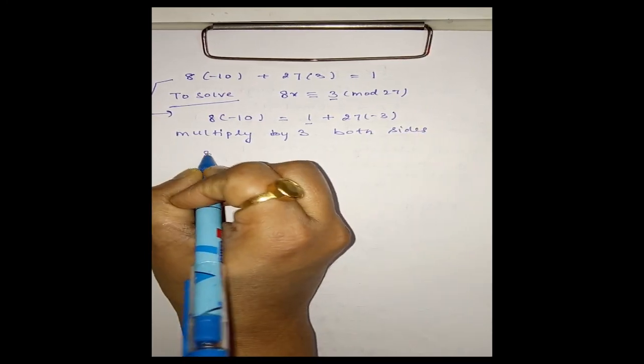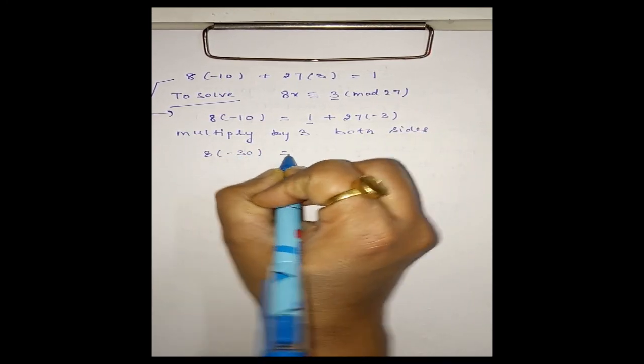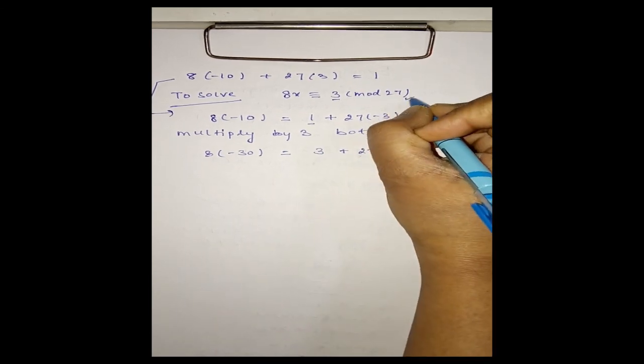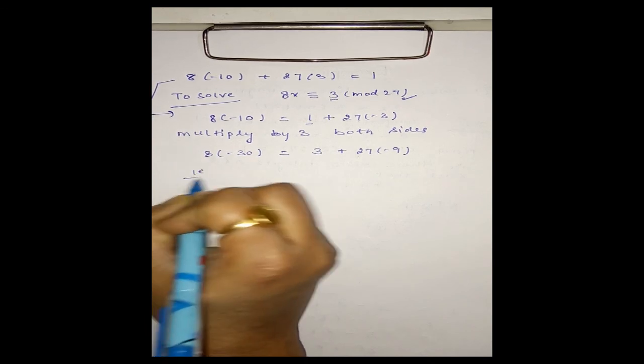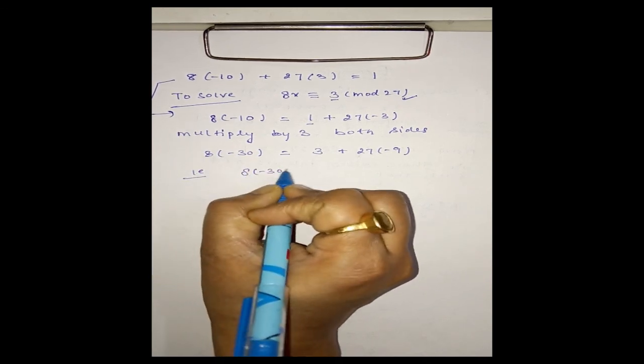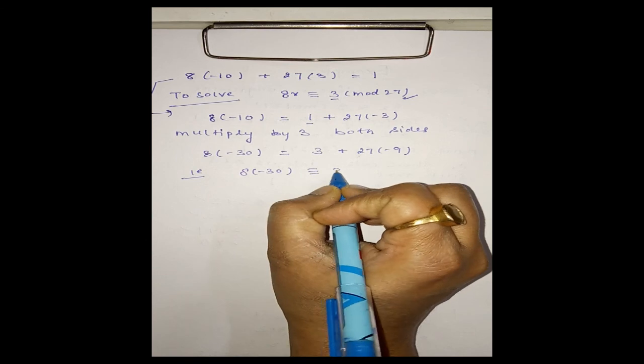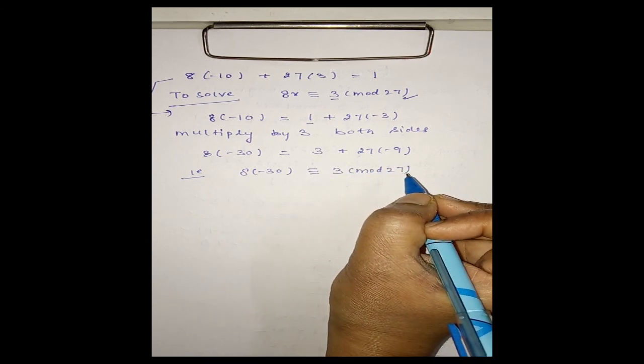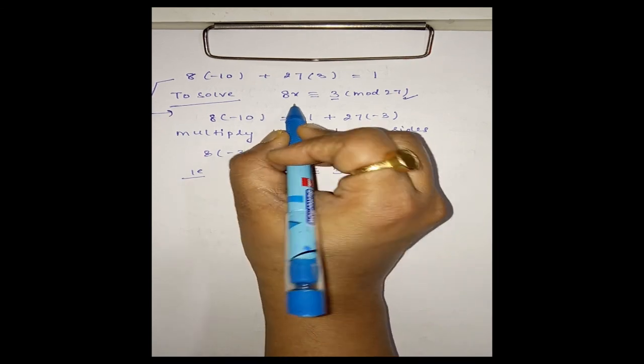Then we have 8 into minus 30 is equal to 3 plus 27 into minus 9. Now this can be written as 8 into minus 30 is congruent to 3 modulo 27.